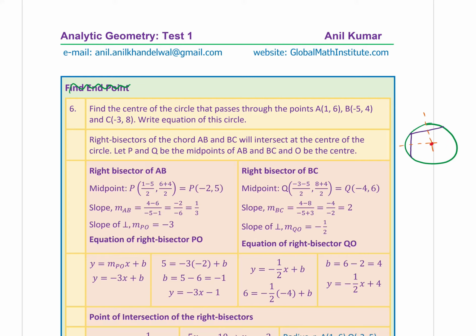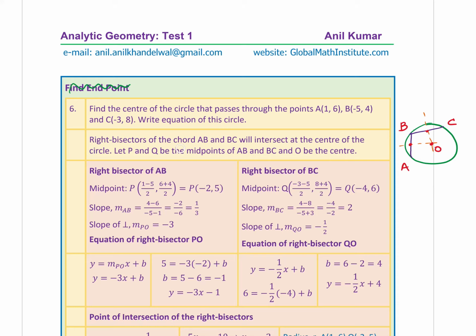So the center here will be found from the perpendicular bisectors of these points A, B, and C. So we have to find the midpoints, let us say P and Q, and then the center O will be the intersection of the perpendicular bisectors. So that's the concept, right? So let's begin with our solution.